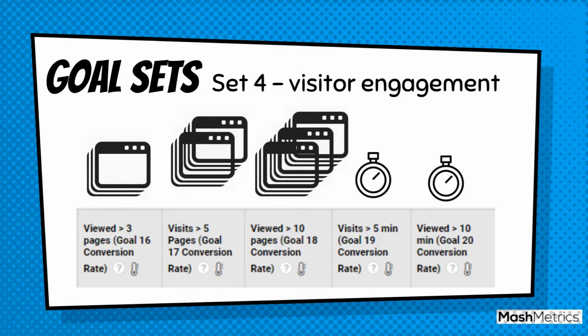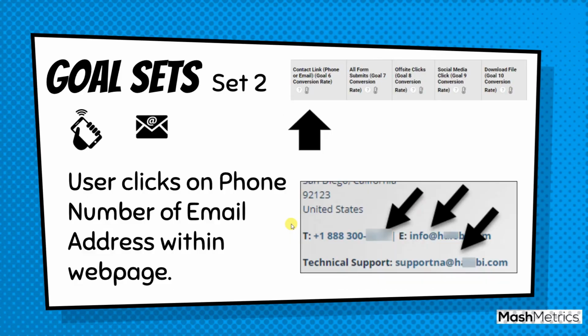Goal set 4 concentrates on visitor engagement, measuring overall site engagement by pages viewed and total time spent across all pages. Let's go through each of the goal sets in detail.